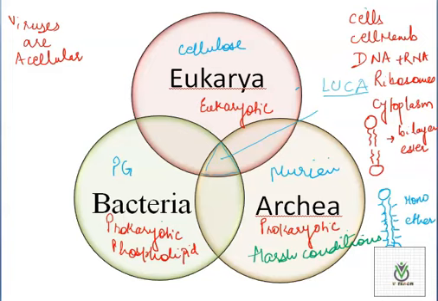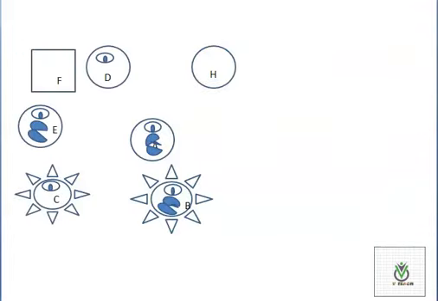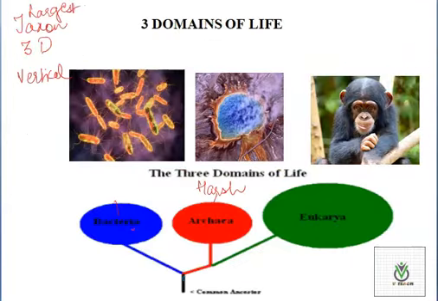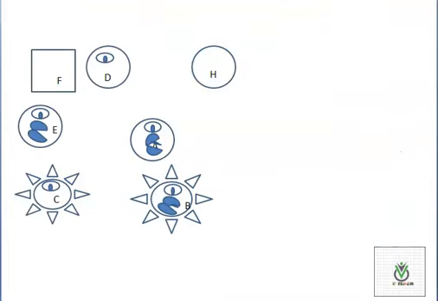Now, on the basis of these characteristic features, a cladogram, a graphical representation, can be constructed. Here, this is the common ancestor, which is LUCA, lowest universal common ancestor, and this portion of the cladogram is known as the root.